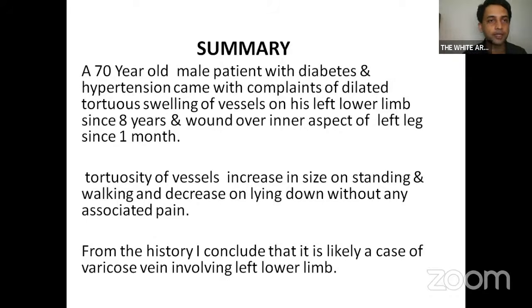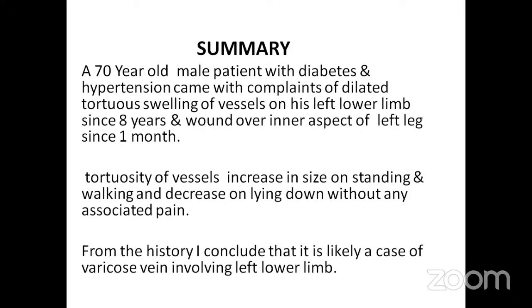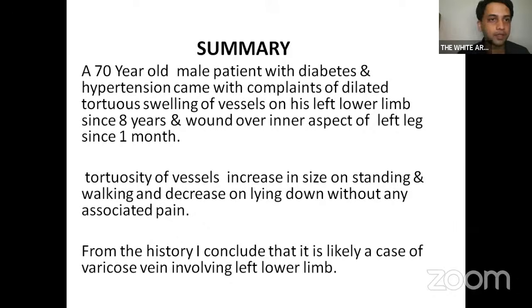That is most important in the history. Confirmation of the varicose veins and complications will be done in the examination. In varicose veins, examination is very important. In history, we are looking for the etiological agents. Clear?